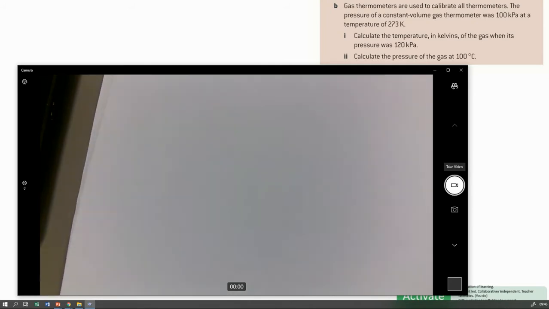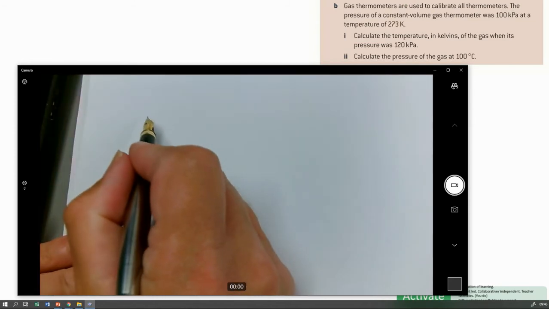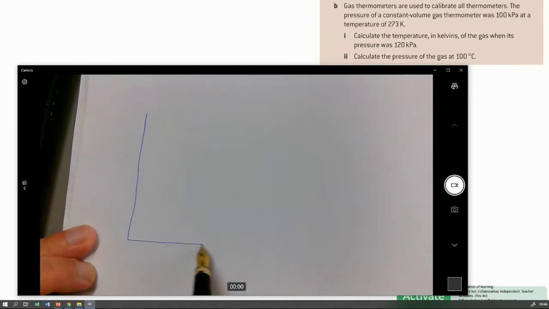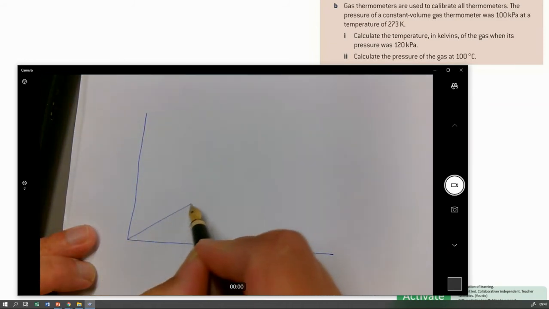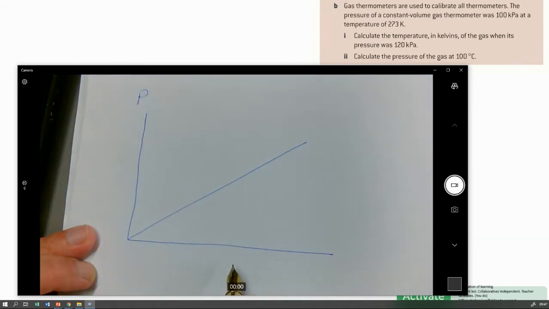Right, here we go. So we have a gas thermometer used to calibrate a thermometer, and the pressure is given and the temperature is given. First of all, let's refresh our brains. For a gas thermometer, we have a graph like this, if this was pressure and this is time, this is absolute 0 Kelvin.